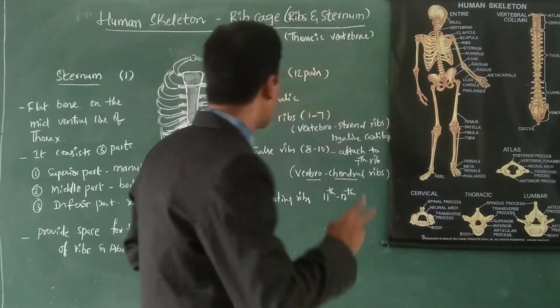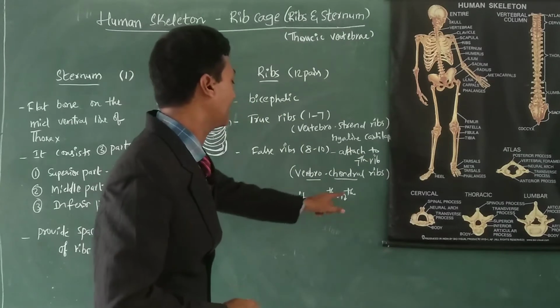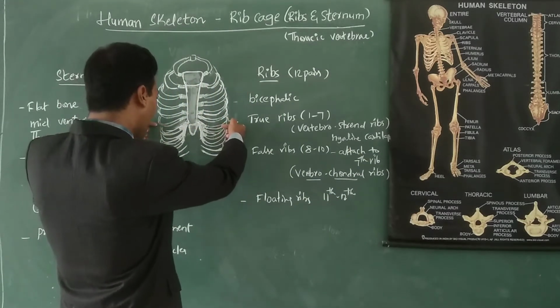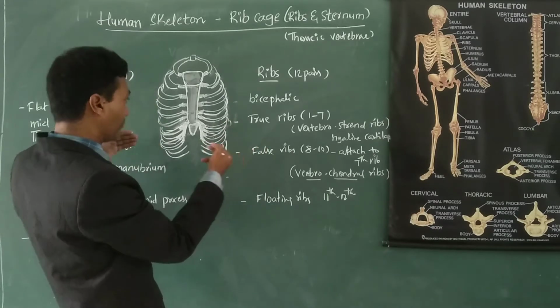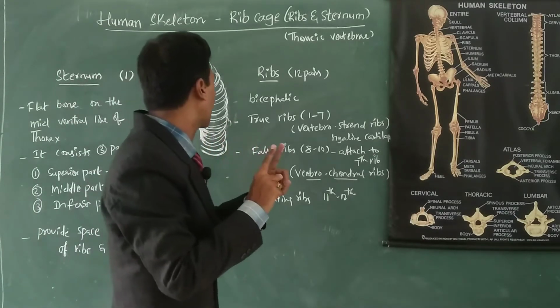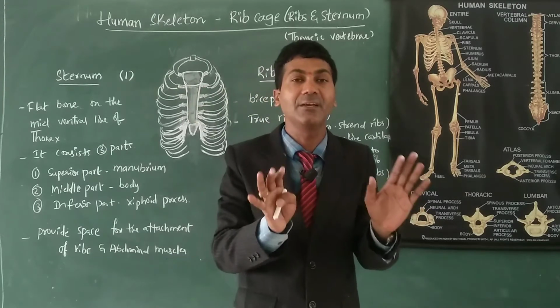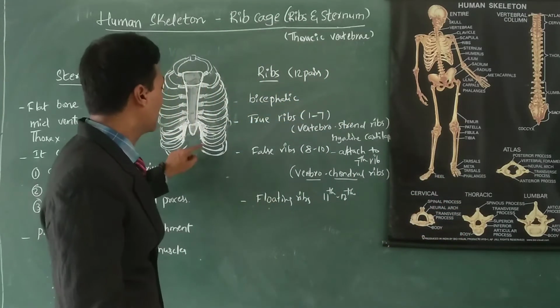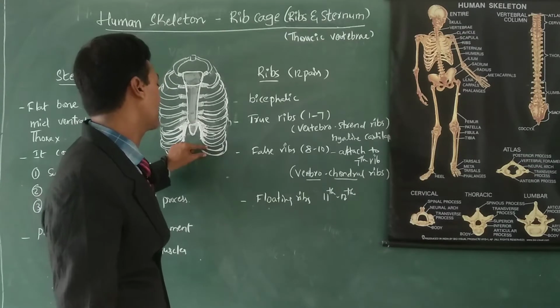And my dear students, the last 2 pairs of ribs, the 11th and 12th pair, are articulated with thoracic vertebrae. When coming to the front, the ventral side, they do not connect to anything, they just leave out. That type of ribs are known as floating ribs. The 11th and 12th ribs are known as floating ribs.